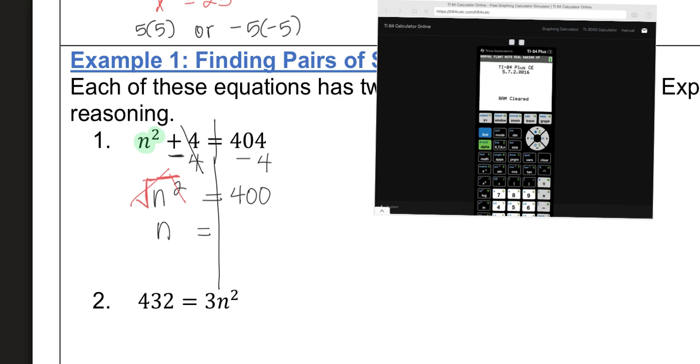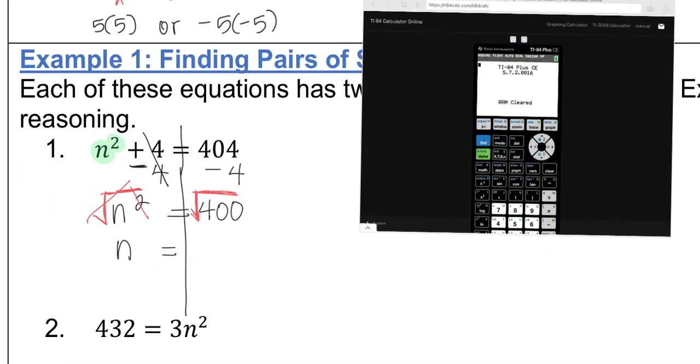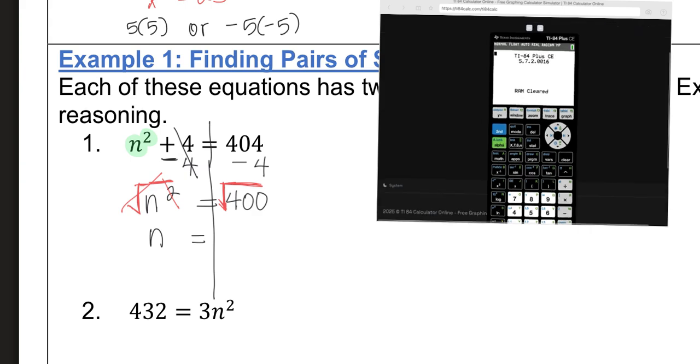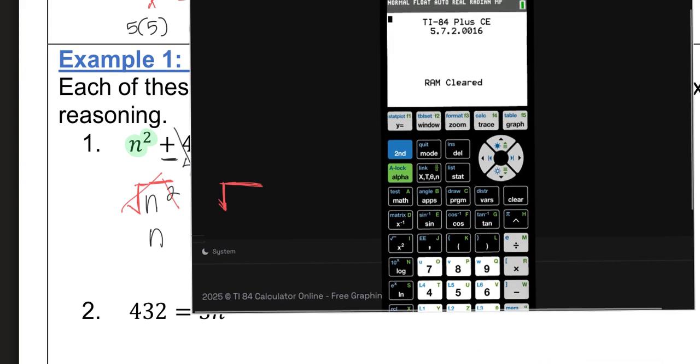But what we do to one side, we have to do to the other. So I'm going to square root 400 as well. We can go ahead and use our calculator for that. So on our calculator, let me make that a little bit bigger.